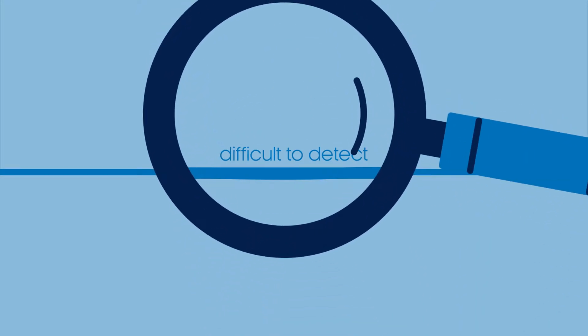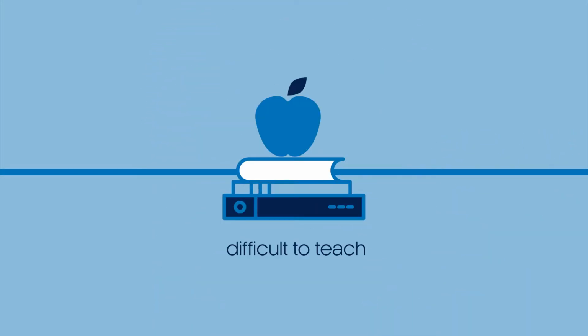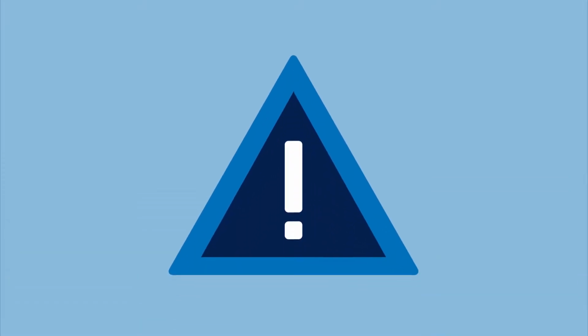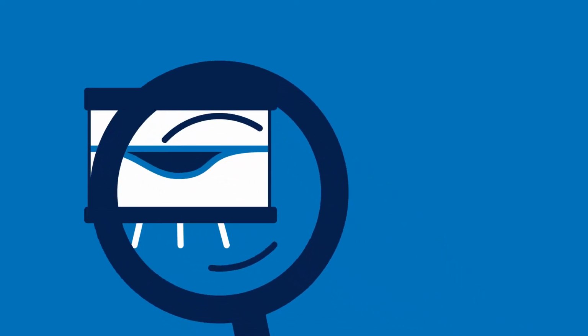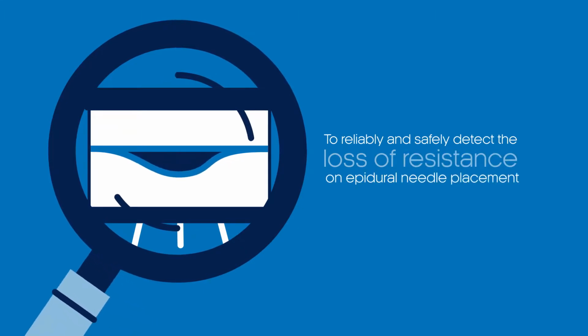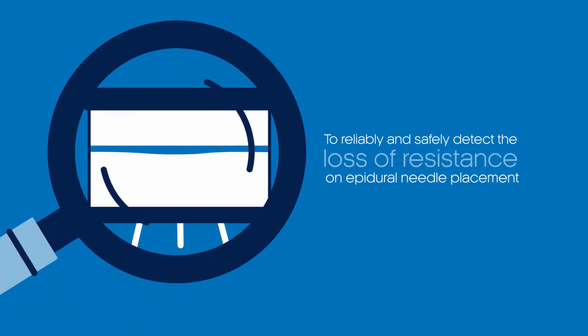However, this loss of resistance is difficult to detect, more difficult to teach, and, when incorrectly administered, can have significant clinical complications. Therefore, the clinical problem could be summarized as: to reliably and safely detect the loss of resistance on epidural needle placement.